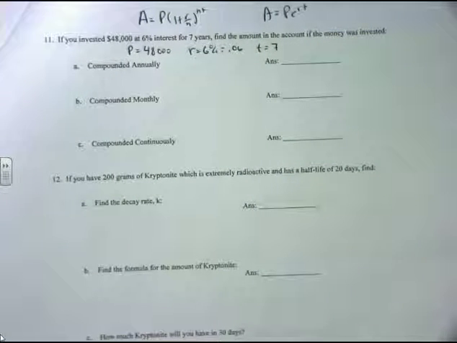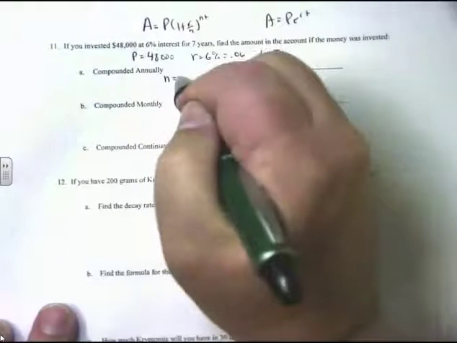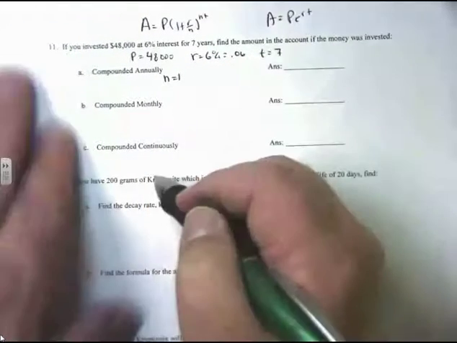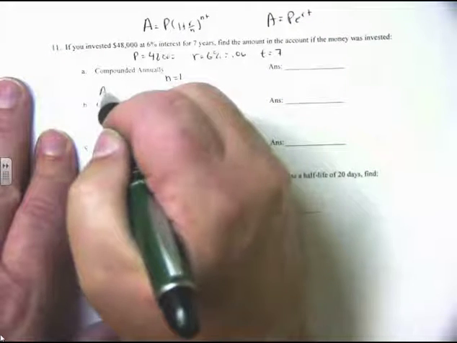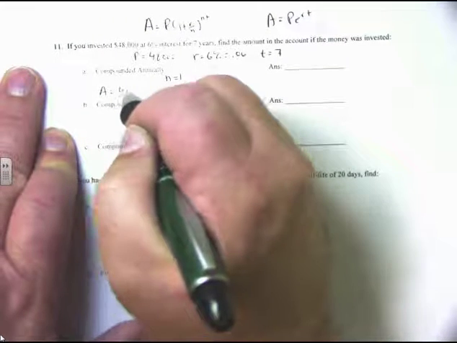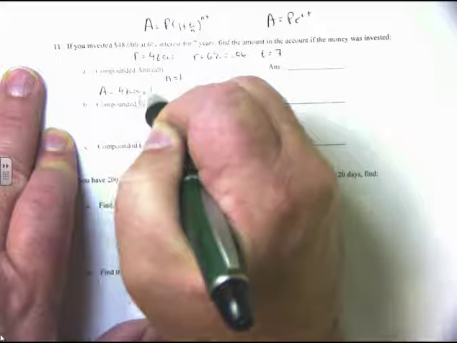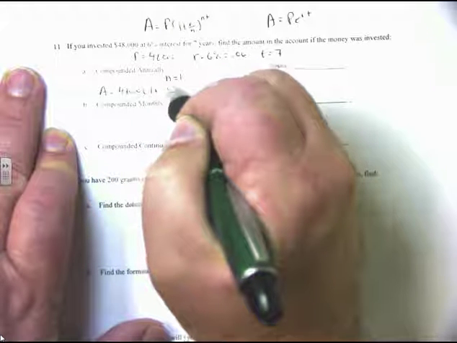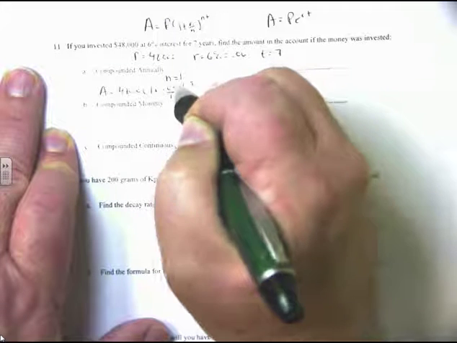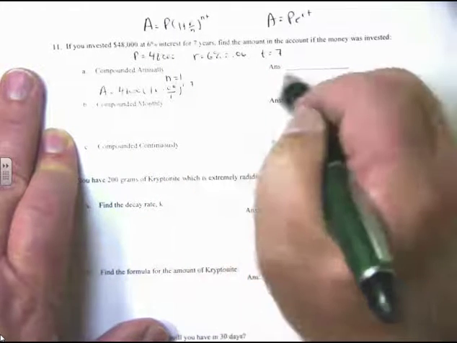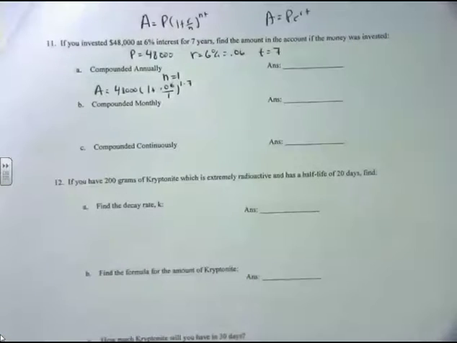If we're compounding annually, n equals 1. So this is regular compounding, so I'm using this formula here. Plug it in. A is equal to 48,000 times 1 plus 0.06 divided by 1 raised to the 1 times 7. And now you just basically put this on your calculator.